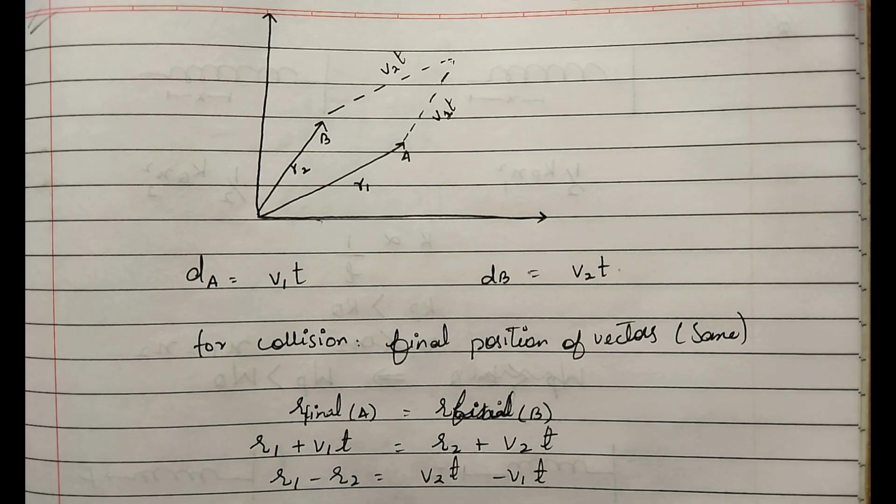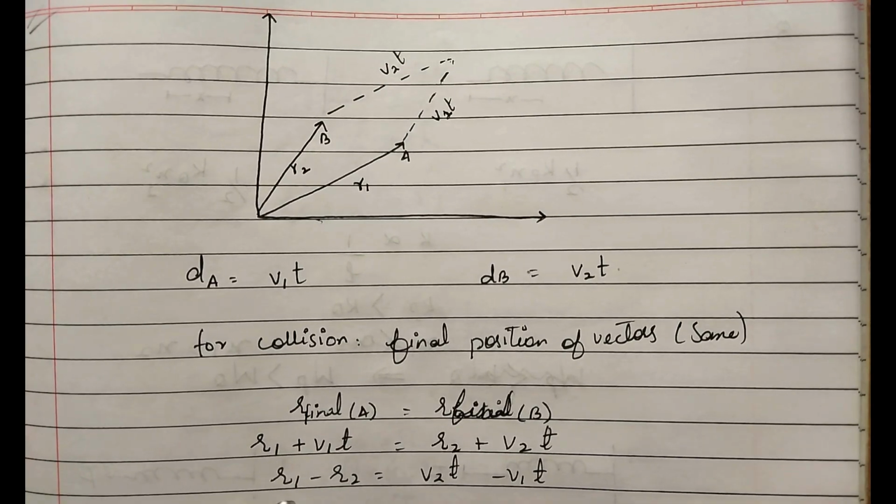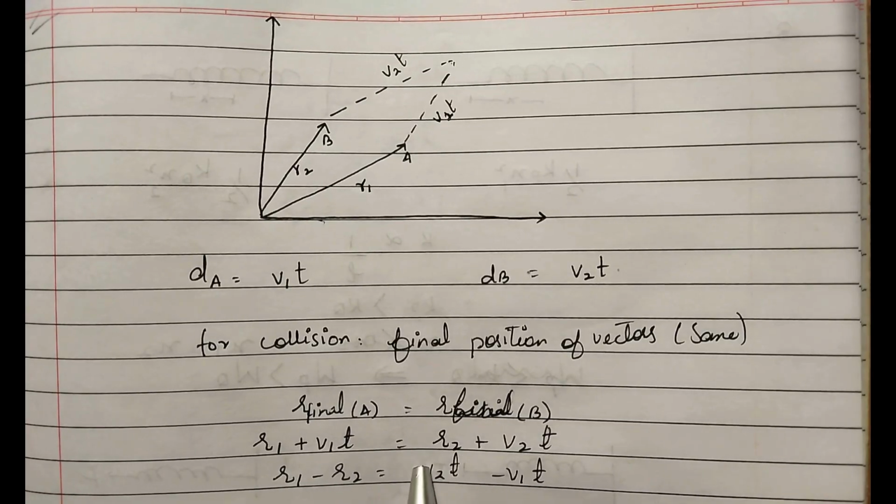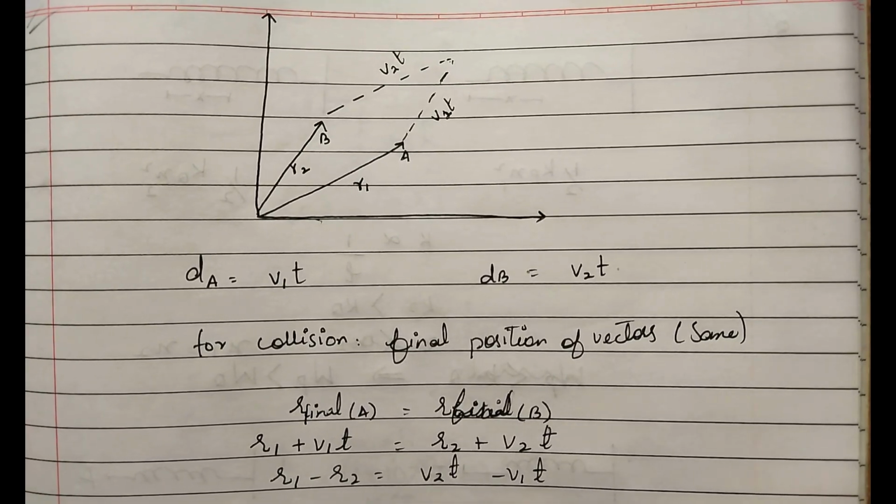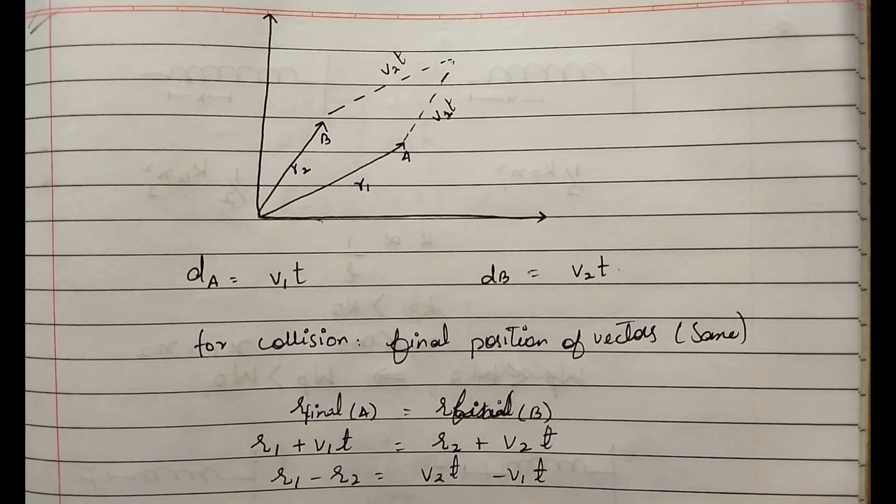Now what we did here is that we transposed values from the right hand side to the left hand side. We brought position vectors along the same side and velocity vectors along the same side. So we had r1 and we transposed r2, so it's r1 minus r2 equals v2t minus v1t.